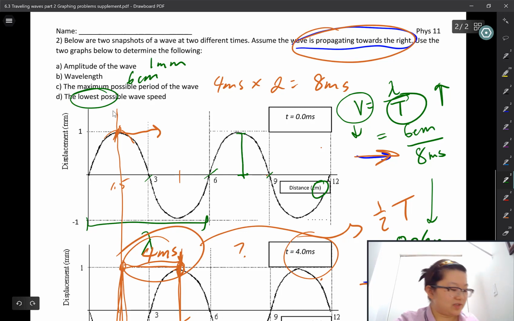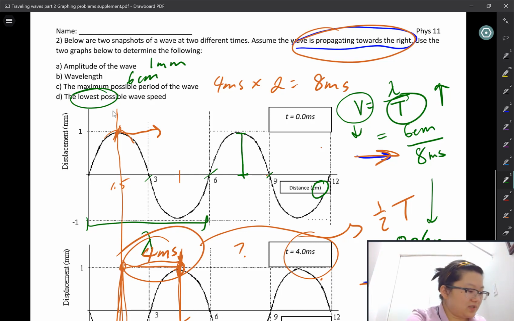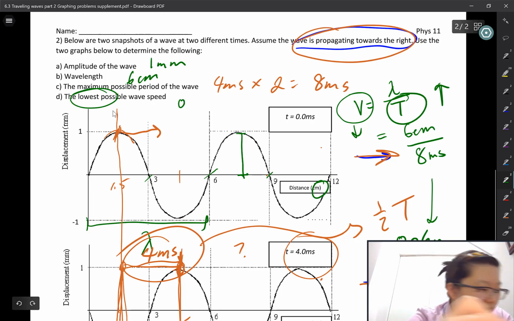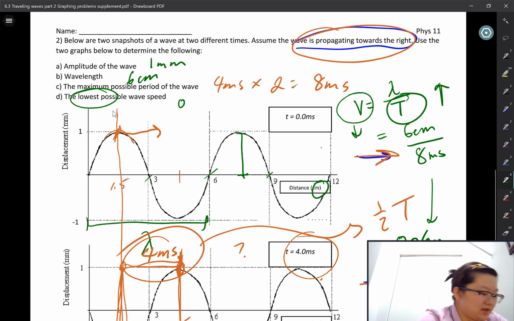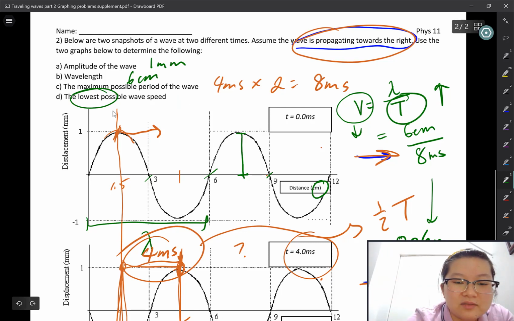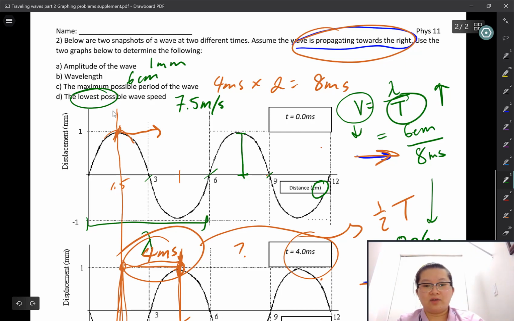We take the top divided by the bottom, 0.06 divided by 0.008, and it's going to give us 7.5. See? It's so easy to make some mistakes. 7.5 meters per second.